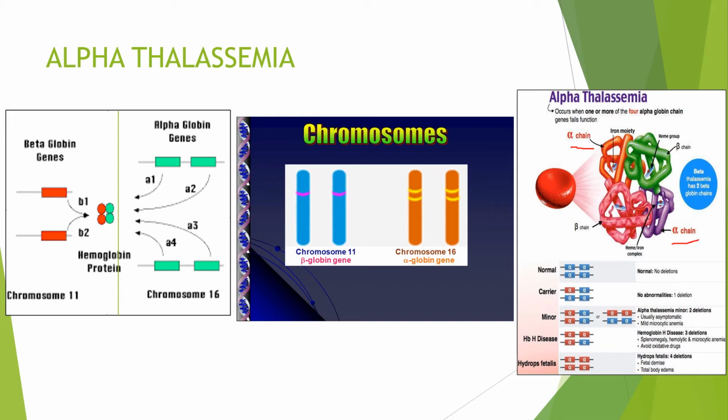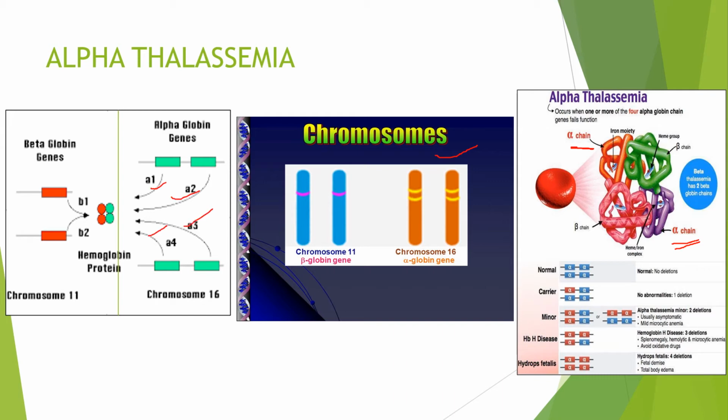Children, for synthesis of alpha chains, the genes are located on the chromosomal pair 16. On the 16th chromosomal pair, the genes responsible for synthesis of alpha chain are present, and these genes have four allelic forms.